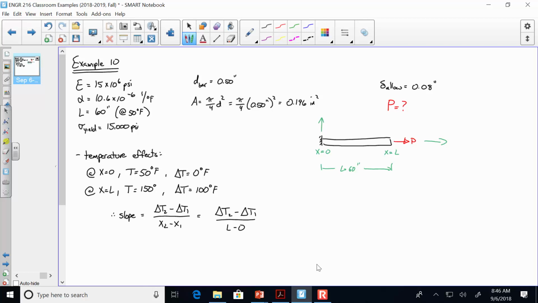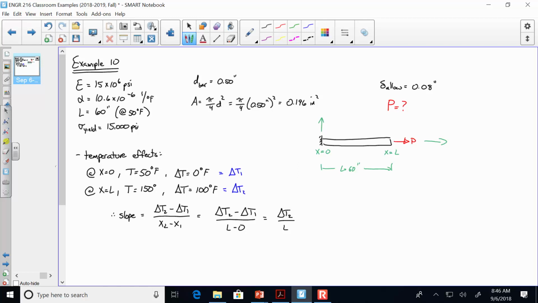And remember, this delta T1, that's 0, right? So I'm going to say delta T2 over L. So if you want up here, we'll call this delta T1. We'll call that delta T2. Right?